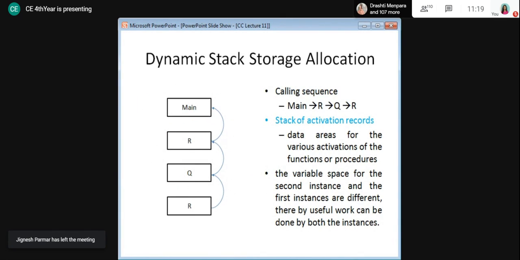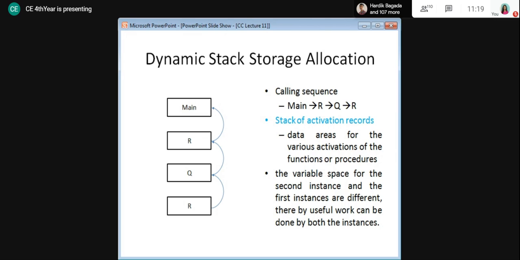Now here you can see that we have in total three procedures, main, R and Q, and the calling sequence goes like this. From main we are calling R, from R Q is called, Q is again calling R, and then there is a trace back to main.